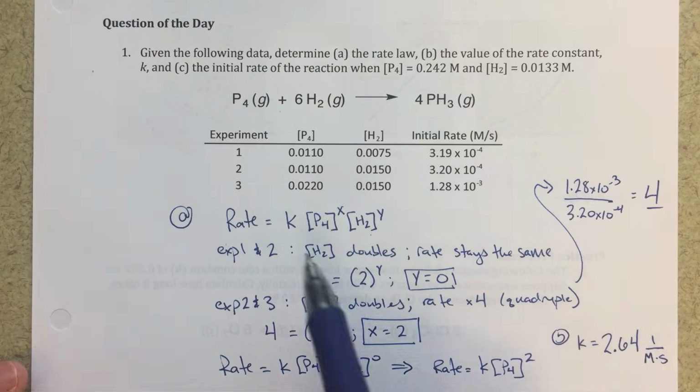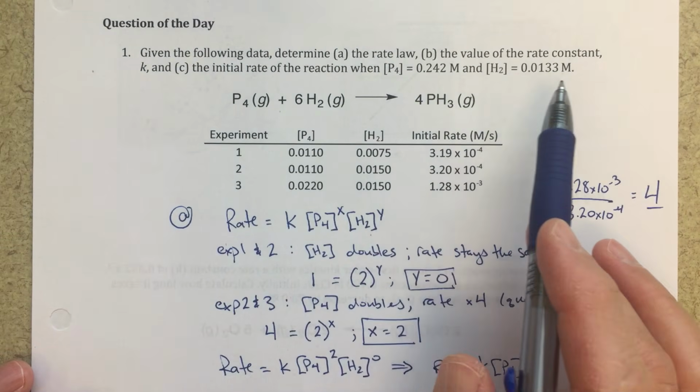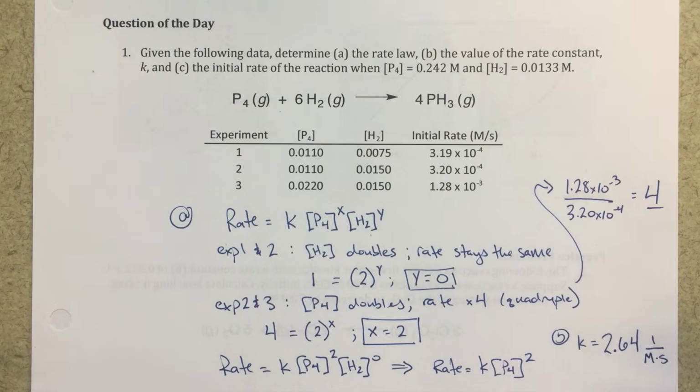Now, for the last part, the initial rate of the reaction when P4 equals 0.242 and H2 equals 0.0133 molar. Again, all I'm going to do is plug that data in. Now I've got my rate law, I've got my rate constant. So all I need to do to figure out the initial rate of this new reaction is plug that data in again to my rate law.